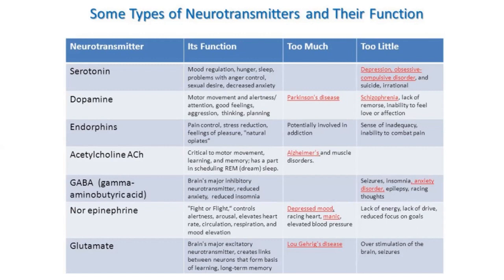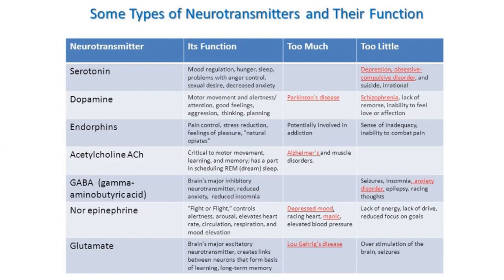Acetylcholine, the function is motor movement, learning, memory, REM sleep. If it is too much, it can cause Alzheimer and muscle disorder. GABA's function is reduced anxiety, reduced insomnia. If it is too little, it can cause seizure, insomnia, anxiety disorder, racing thoughts.